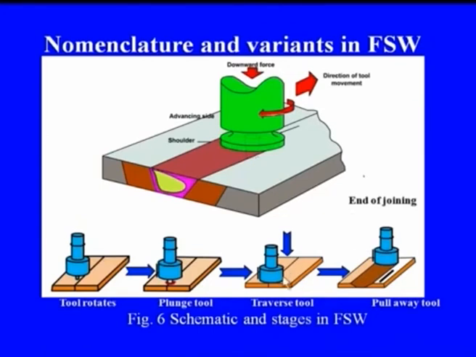Then what pressure we are applying to this tool, and what materials we are joining, whether similar or dissimilar materials. Then at what speed we are advancing the tool, another very important aspect of this joining process, which will affect the process efficiency.